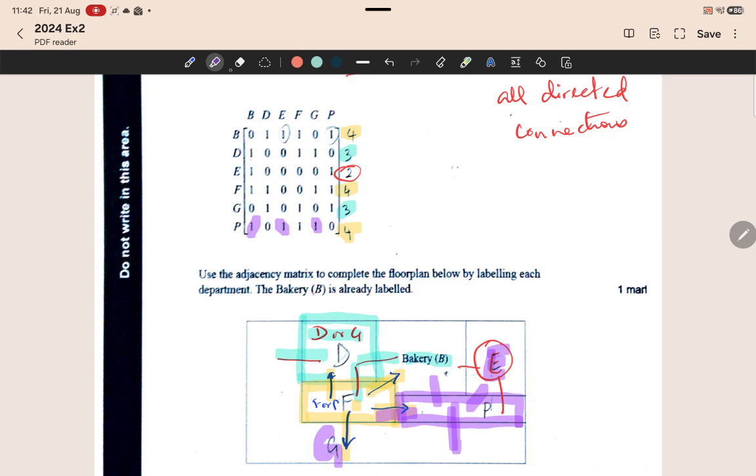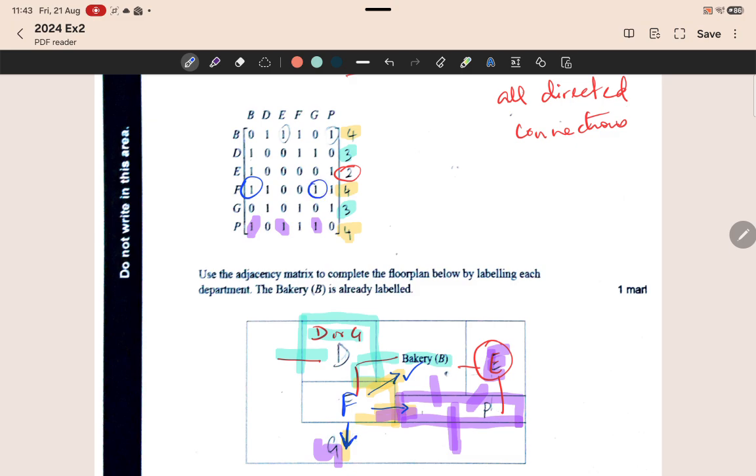So that made me place F over here. Now if that was F, F has a connection to B, which we know. F has a connection to D, which we haven't shown. F also has a connection to G. We know G is already here.